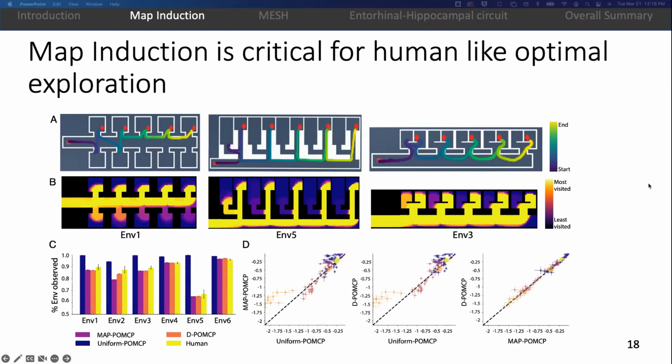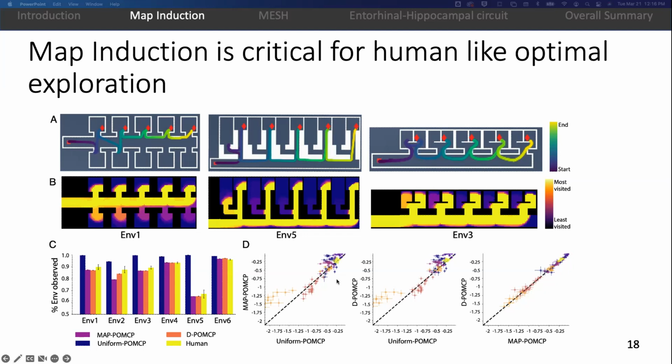And here we can also see that, as expected, the uniform model ends up exploring the whole environment exhaustively, whereas the map induction based models explore the environment more efficiently and are closer to humans in terms of the fraction of the environment that they're observing.